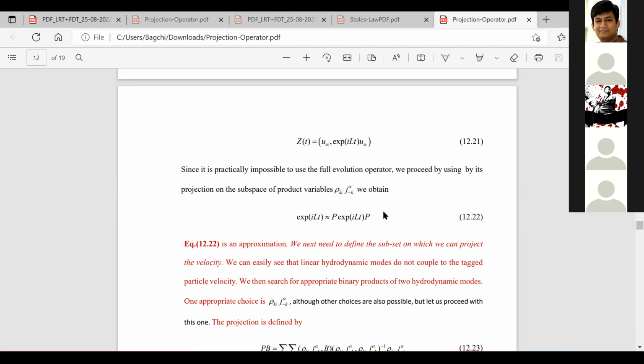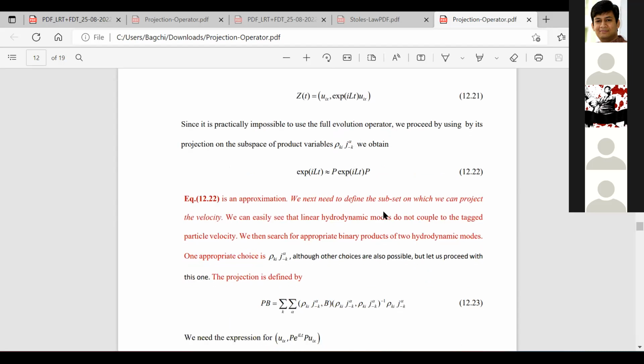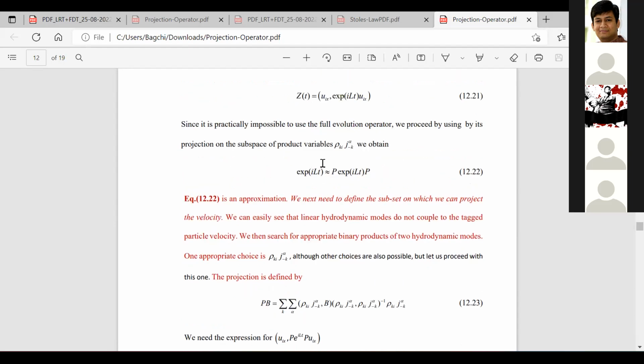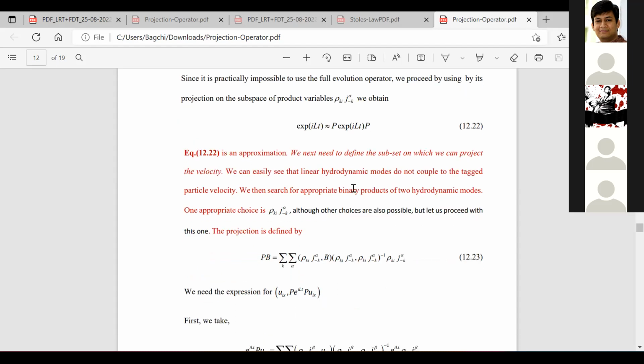You put in the binary product. Now again, a kind of intricate algebra, but this thing is somewhat simpler. I now calculate this e to the power iLt with this P, which I have put here. So my P goes in before e^{iLt} and after e^{iLt}, and my P is projecting on rho_k j_{-k}. That's the A that we projected on over there.